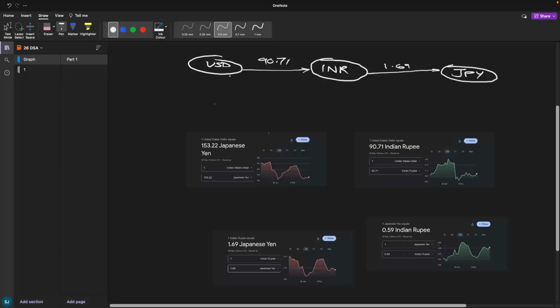Wait, let's convert 1 Japanese yen into US dollars. That would be 1 by 153.22, or rather, if I have to show you guys, Japanese yen.